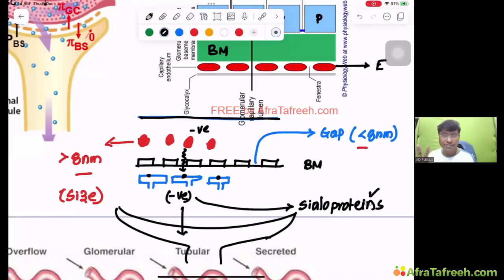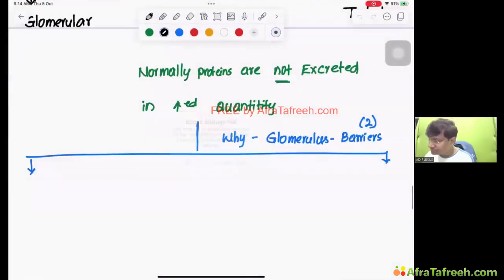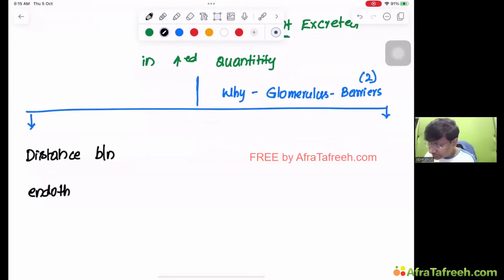So there are two components now which are acting as a barrier. What are those? Number one, the distance between the endothelial cells, which is less than 8 nanometers.